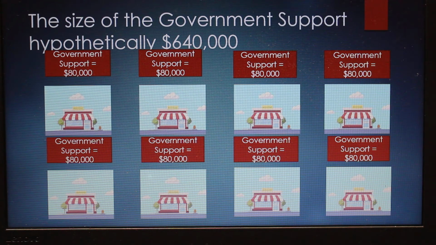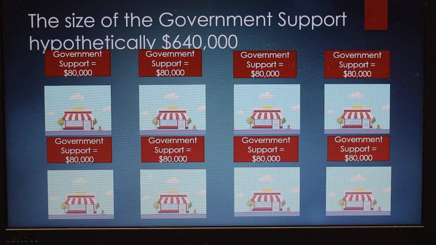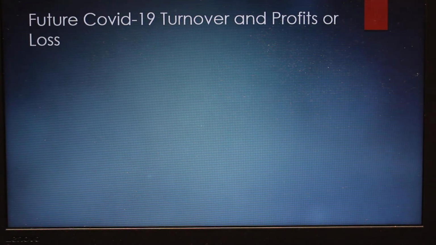Therefore, this all aggregates to 640,000 of government support, paying the employees' salary of these various businesses. And this is a hypothetical example. So this basically is coming from the government coffers, carving out a proportion of its borrowing, because it has to borrow this money to support businesses in terms of paying employees' salary.